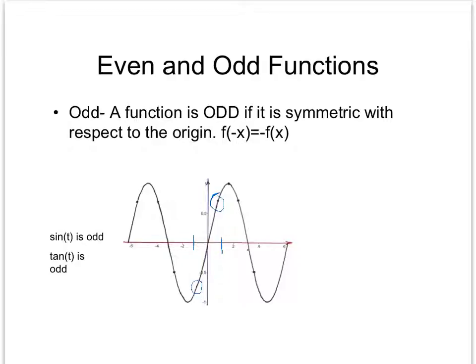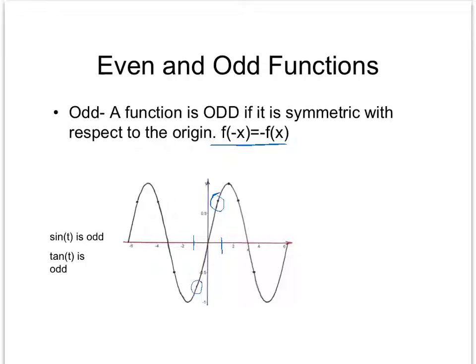So if the y for the x I chose was 0.7, the y for the negative x would be -0.7. So here's your notation here. f of -x, so the function at -x, is equal to the negative of the function at positive x.